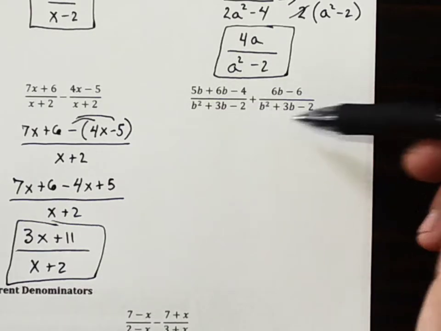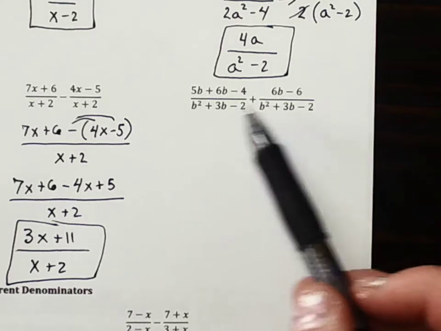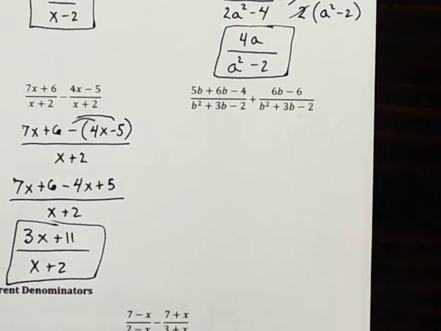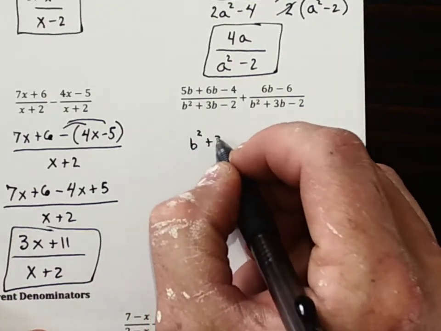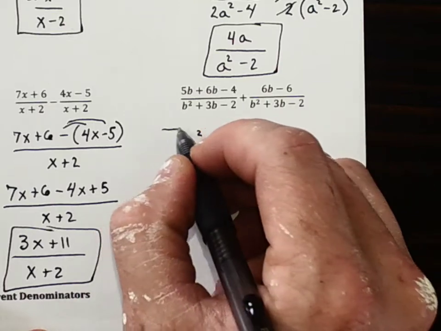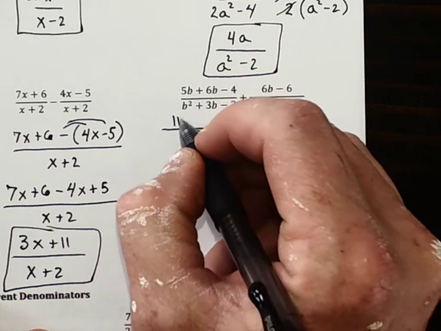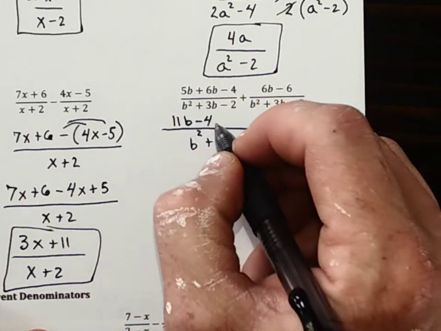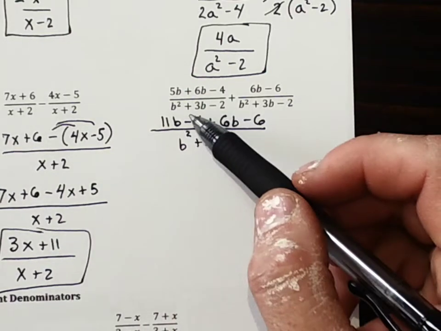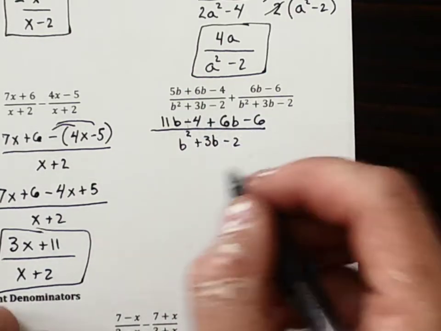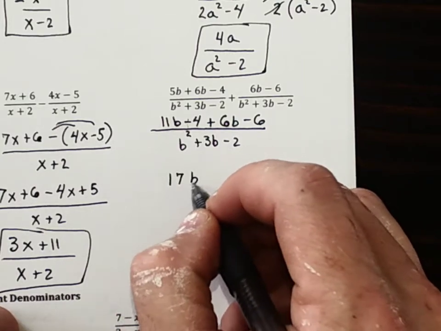Even though it looks big and scary, they all have a common denominator of b squared plus 3b minus 2. So we have b squared plus 3b minus 2 as the common denominator, and in the numerator we have 5b plus 6b, which is 11b, minus 4 plus 6b minus 6. 11b plus 6b is 17b.